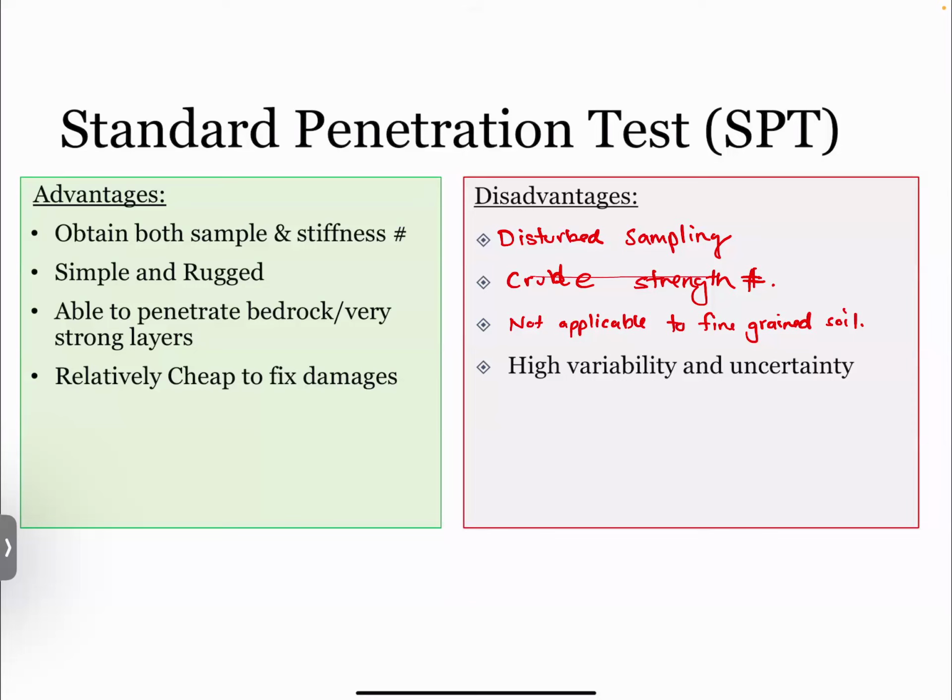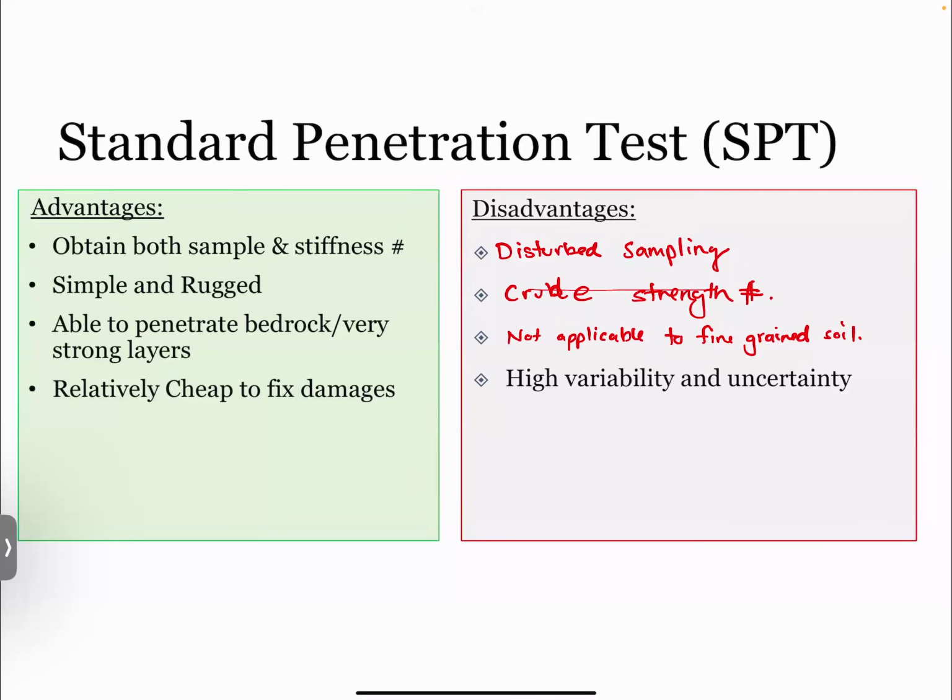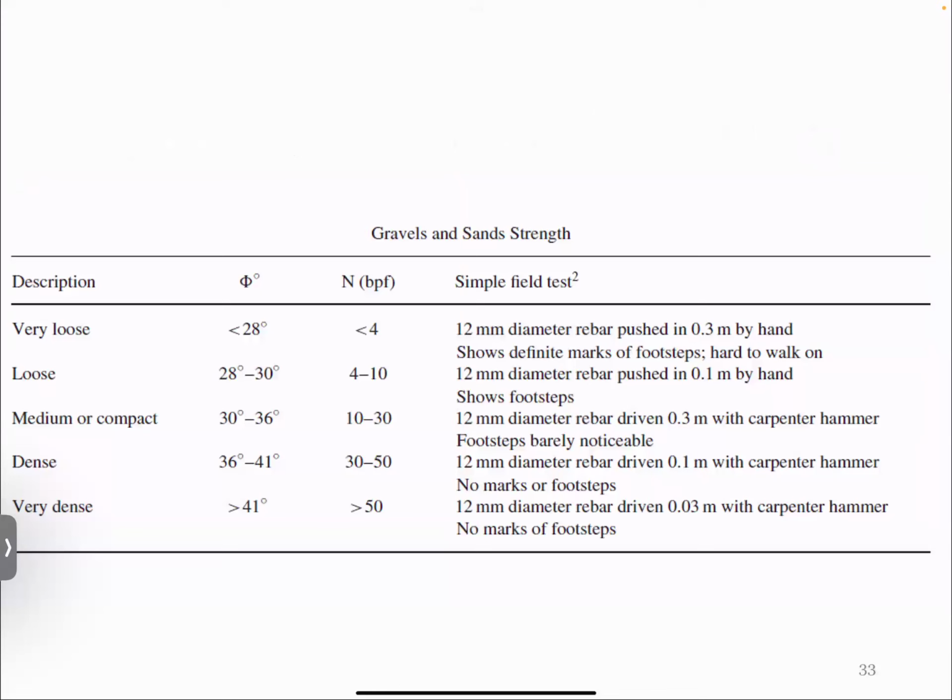So in some of the tables that you might see, this N value is really helpful. This is a strength value. This is called a friction angle, which we'll talk about a lot more later. It's a soil strength parameter.